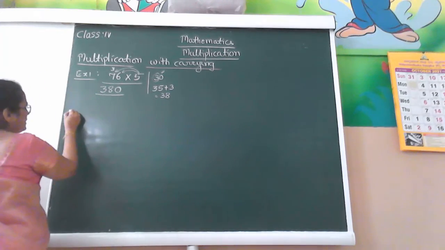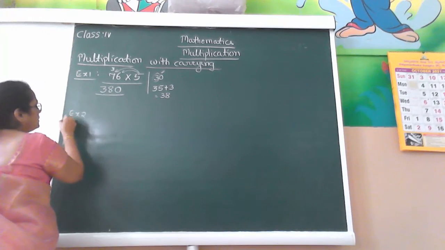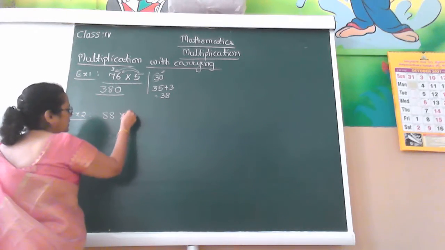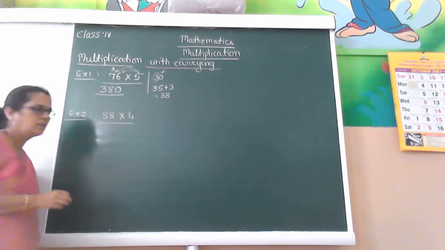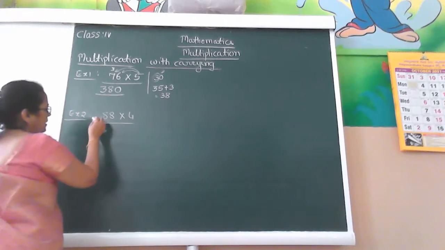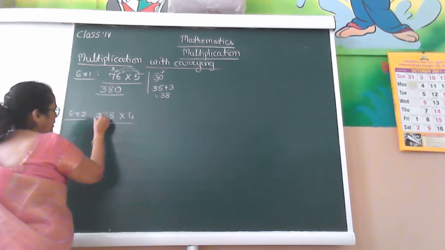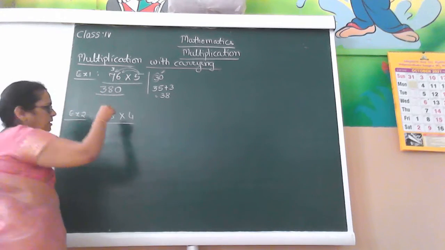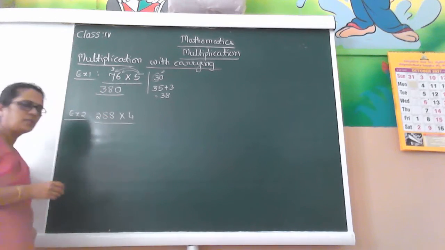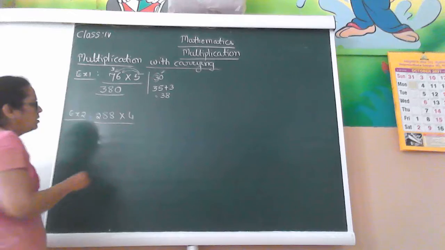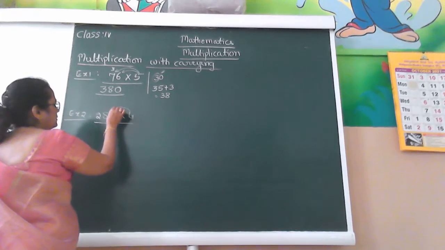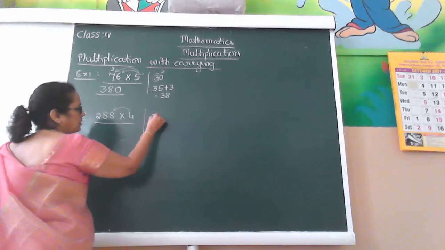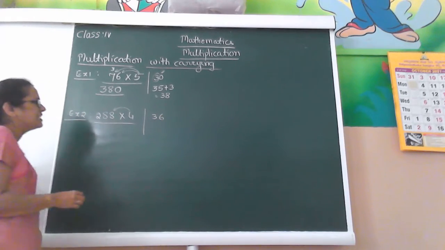So we took 3 as a carry. So we will do another example sum. Let me take 288 into 4, because here I have taken 2 digits, 76. Here let us take 3 digits. Now 4 eights are how much?